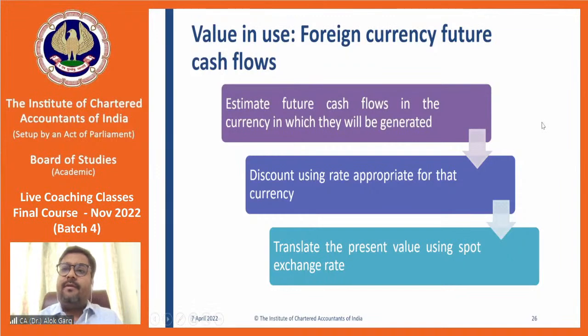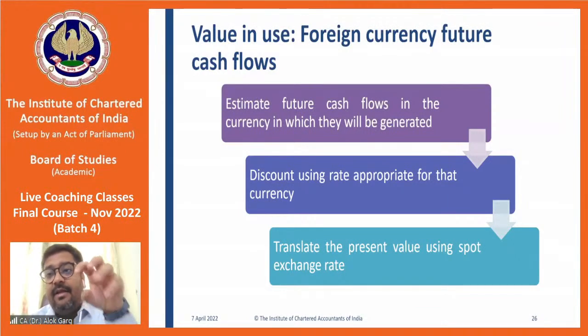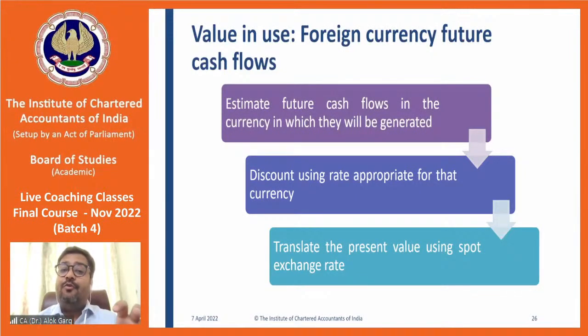So, sir, if my asset will provide future economic benefit in foreign currency, then how to calculate the value in use, right? So the standard says that, first of all, estimate future cash flow in the currency in which they will be generated. Your cash flow should be in the same currency in which it is generating, right? Then you have to use the discount rate for that appropriate currency.